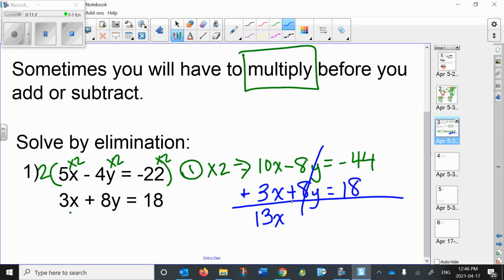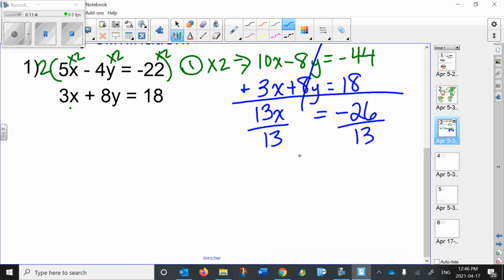The y's are going to disappear because -8 plus 8. And over here, we're going to get -44 plus 18, and that should give me -26. And then I have to divide by 13. Divide by 13, and we get x is equal to -2.